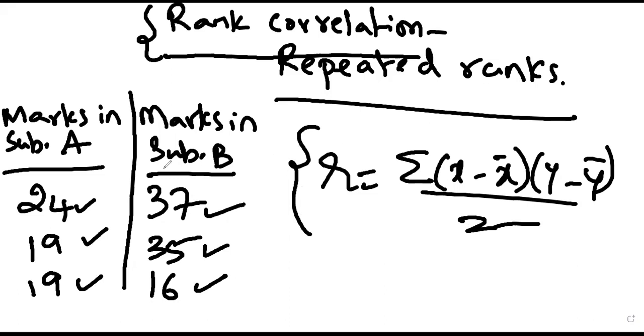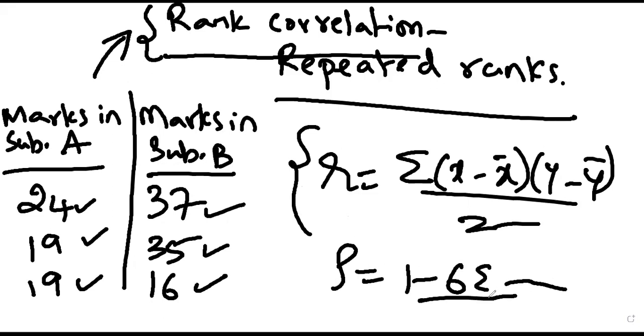So, why is this wrong? Because they have asked us to determine the rank correlation. The rank correlation equation is 1 minus 6 something. Is it right? So this is wrong and this equation should be applied.